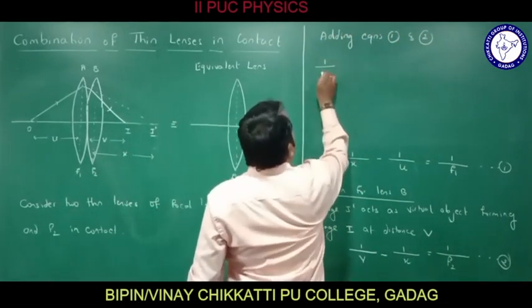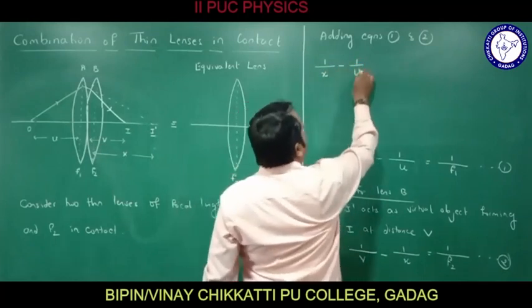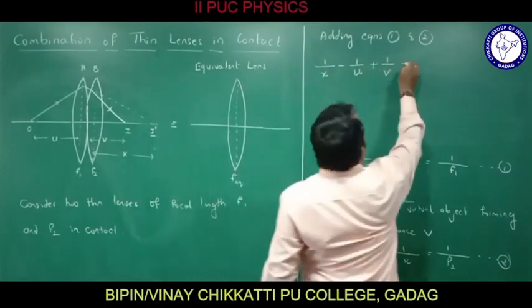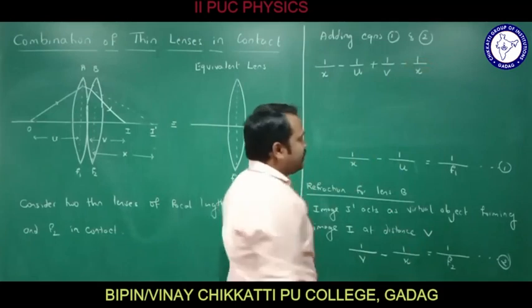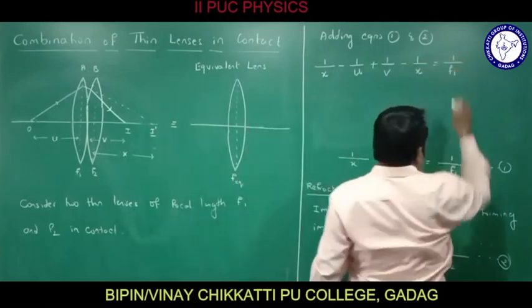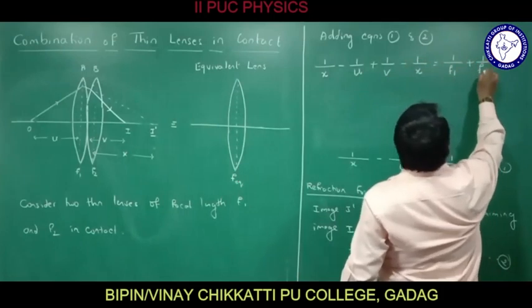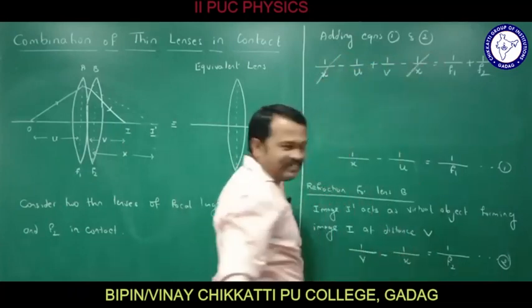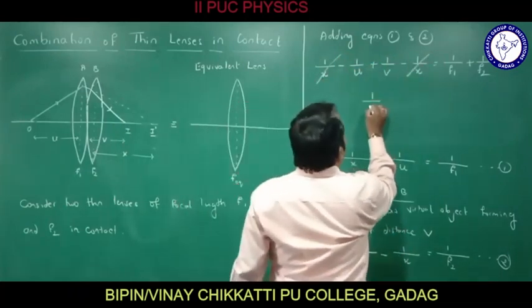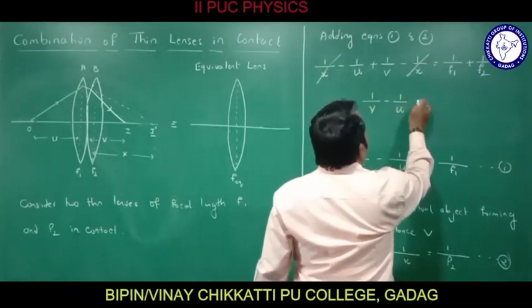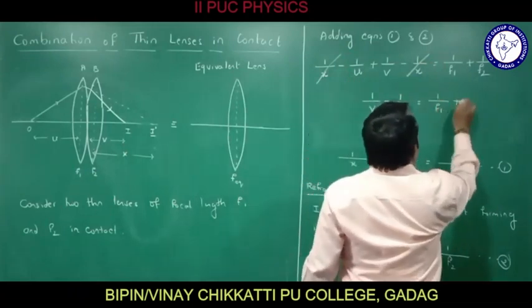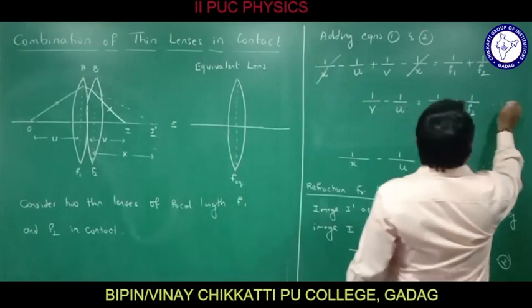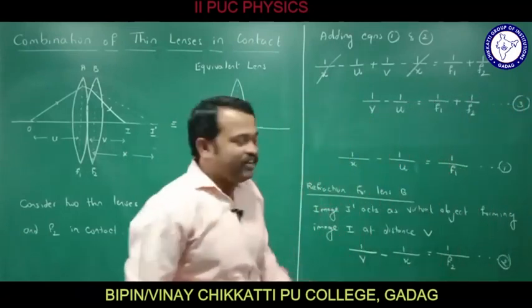Let me write this first: 1 by x minus 1 divided by u, plus 1 by v minus 1 divided by x, is equal to 1 divided by f1 plus 1 divided by f2. So here, this will get cancelled. What do I get now? 1 by v minus 1 divided by u is equal to 1 divided by f1 plus 1 divided by f2. Let me take this as equation number 3.